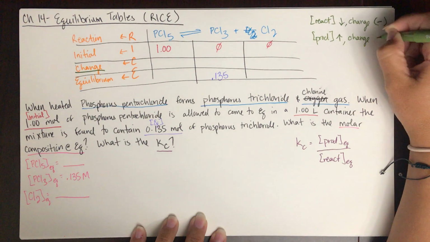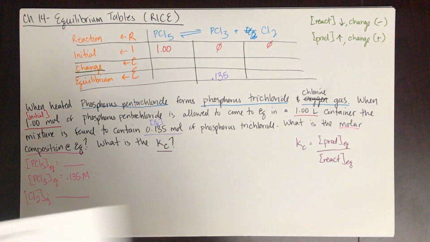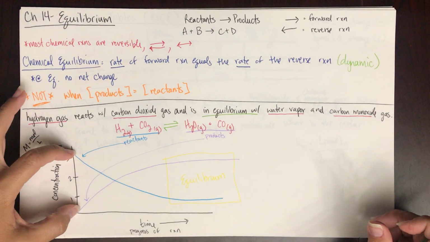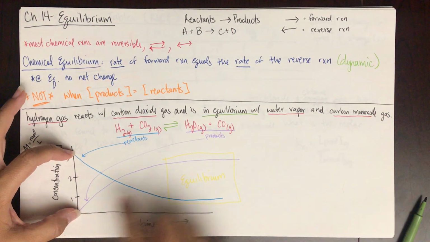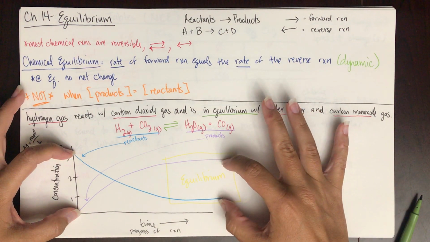So the change is going to be a positive amount. So if we go all the way back to our very first lecture about this, this is essentially what we're doing. Here are the initial concentrations, and we're trying to solve for these equilibrium concentrations.